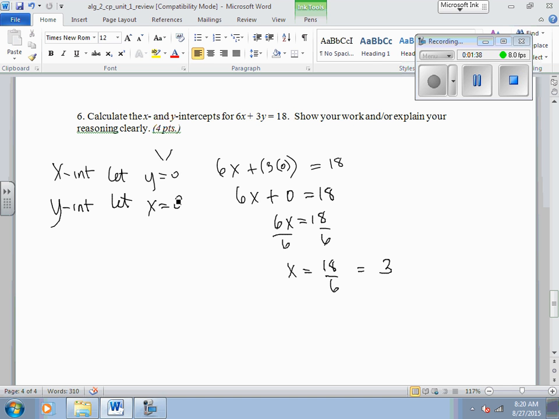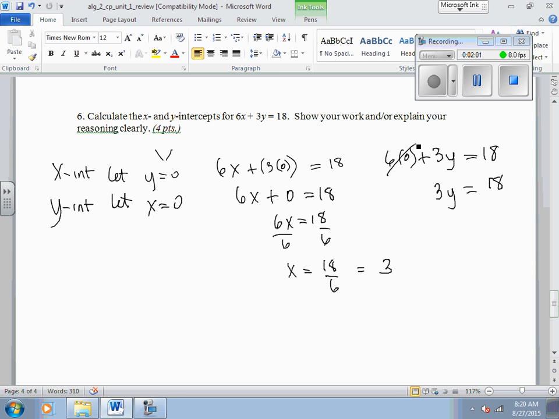Okay. So to get the y-intercept, same equation, just in this case, let x equal 0 to start. You notice I'm going to get 6 times 0 plus 3y equal to 18. That's 3y is equal to 18 because 6 times 0 is going to be 0.